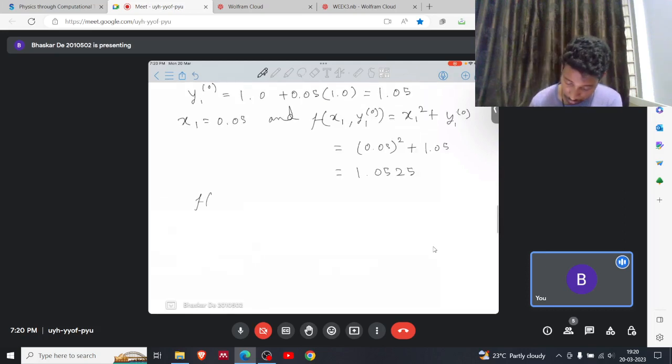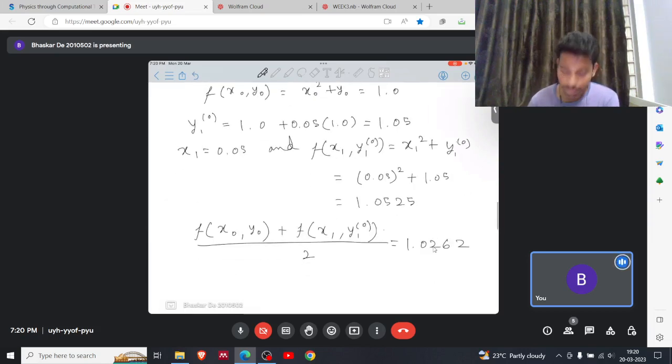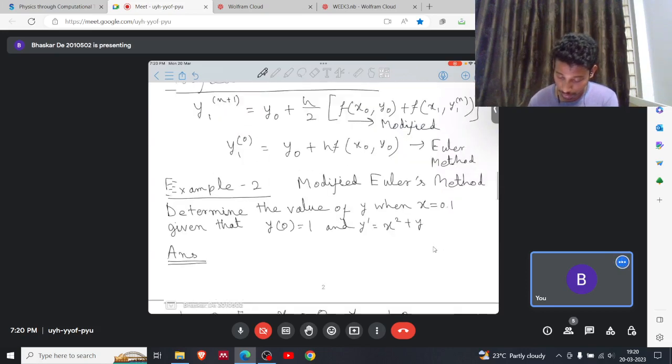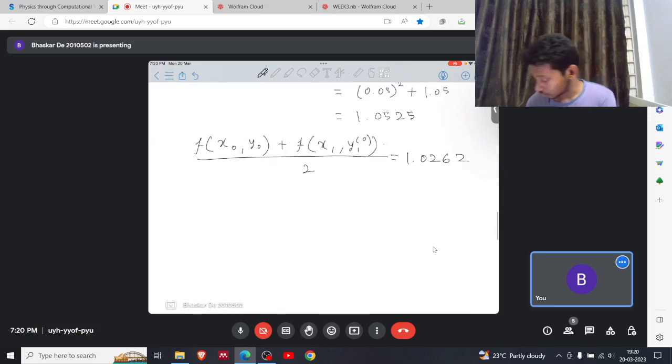So now f of x0 y0 plus f of x1 y1 0, divided by 2, is 1.0262. This average of f x0 y0 and f x1 y1 0 is taken because of this part, h by 2 times f x0 y0 plus f x1 y1 to the power n.